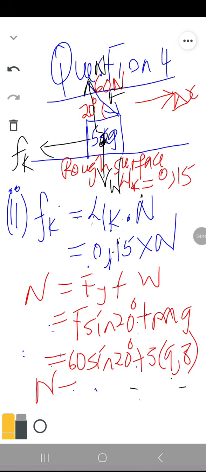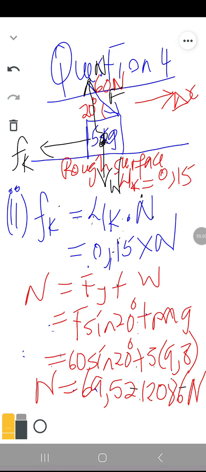Now we can use a calculator. The normal force is 60 sine 20 plus 5 multiplied by 9.8. Here you get 69.5212086 newtons. And remember, normal force is in newtons.